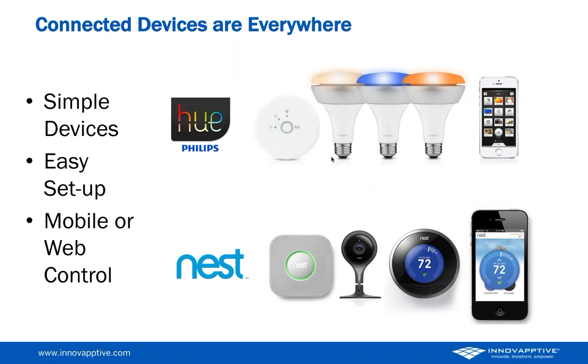And here's an example in our own personal life, where Philips and Nest have provided us with, in essence, these connected devices in our home. And you'll notice that on the right side there is the phone. The phone is really the point of engagement for us as consumers. It is what we carry around.